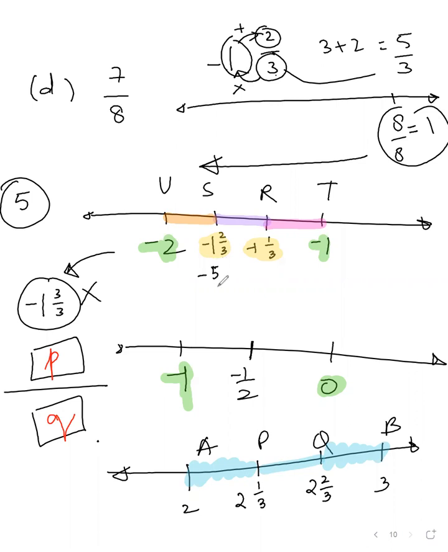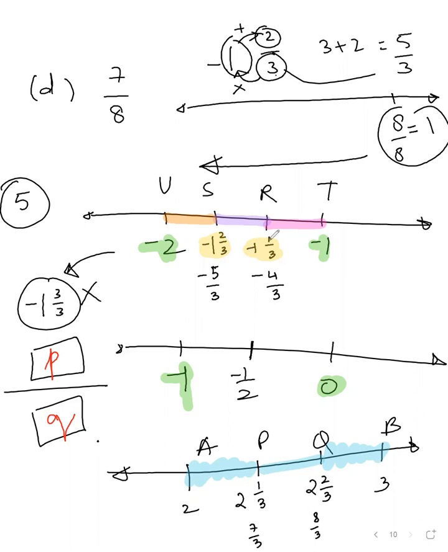-5 by 3. Can you tell me the other number? ये जो R वाला number है? -4 by 3. Very good. Okay. Can you tell me P and Q also? 7 by 3. 8 by 3. ठीक है, समझ में आ गया आपको?